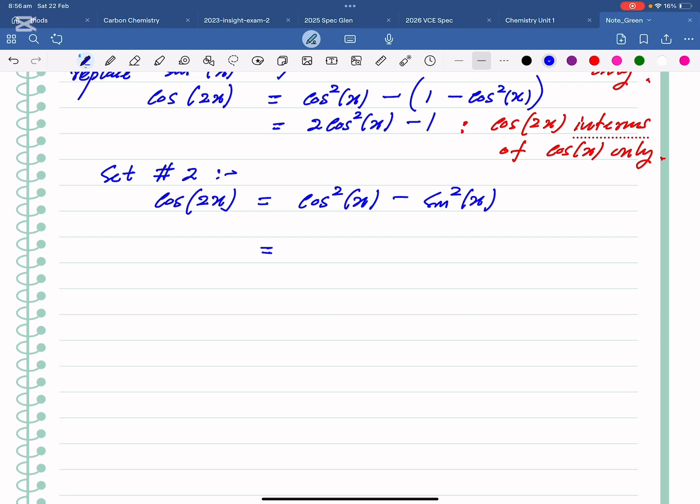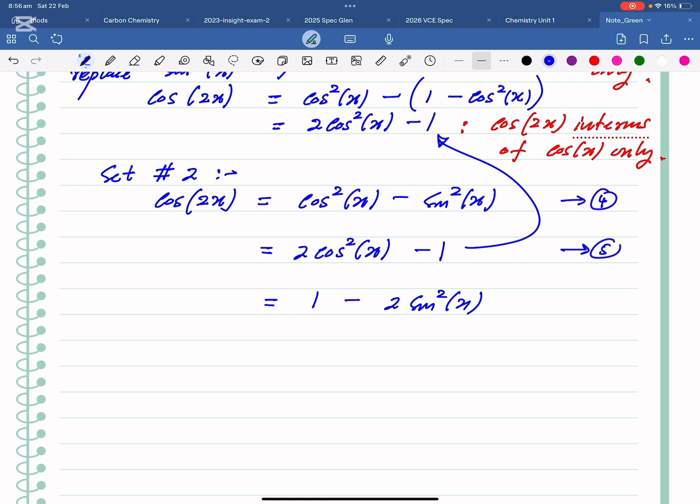Also we had the second version, once you do the substitution, 2 cos squared x minus 1. Also, we had 1 minus 2 sin squared x, which is the previous one. So you can say this is our fourth equation, this is our fifth one, this is our sixth one. Yep. So that's all about the cos 2x double angle formulation.